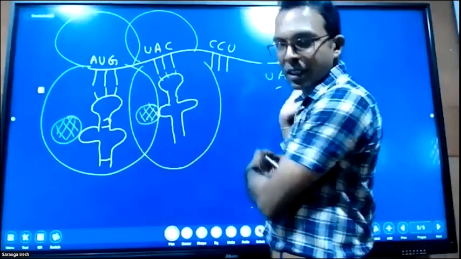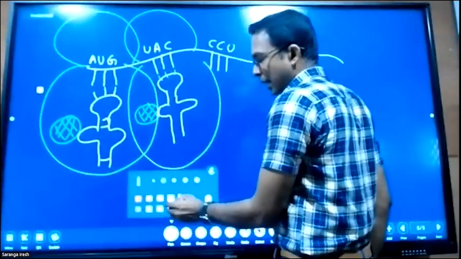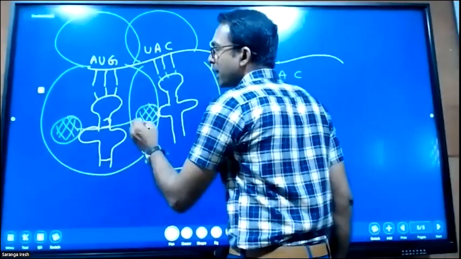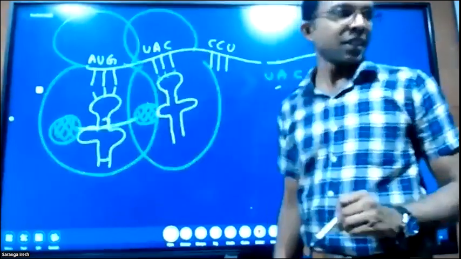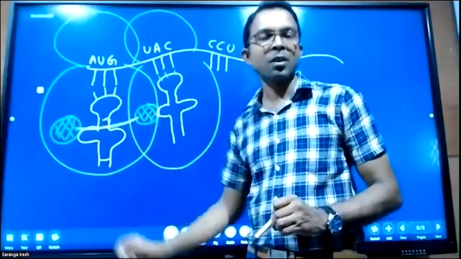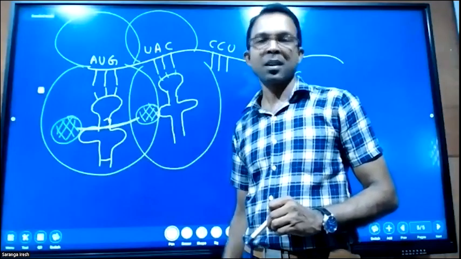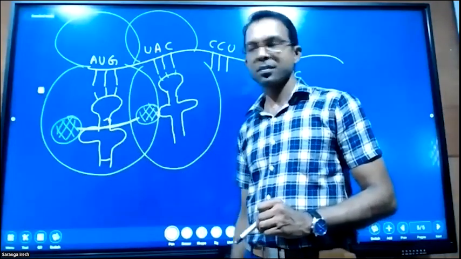As this process occurs, these amino acids are getting connected. The bonds between the amino acids are created by the ribosome. What is that bond? Peptide bond. Peptide bonds are created between the amino acids.